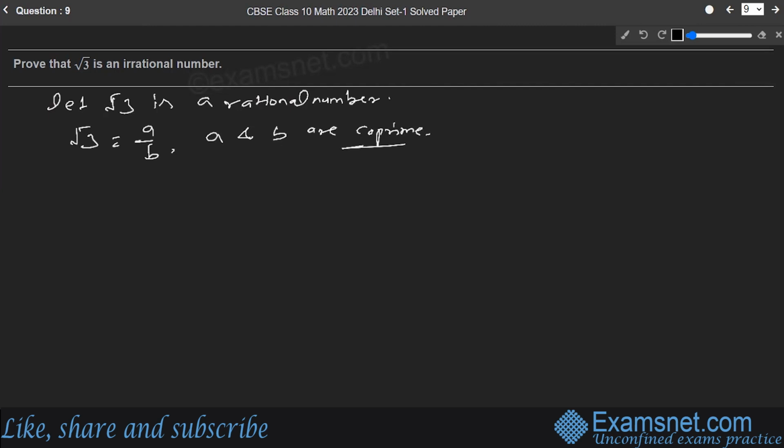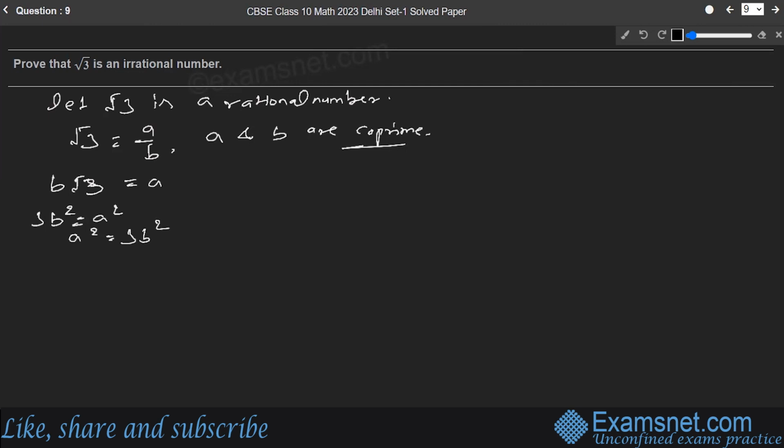So we have assumed that root 3 is a rational number, so root 3 is equal to a by b. So b root 3 is equal to a. Now if root 3 is equal to a by b, then squaring both sides, it will be 3b square is equal to a square, or we can write a square is equal to 3b square.